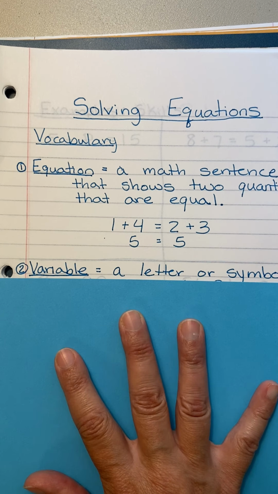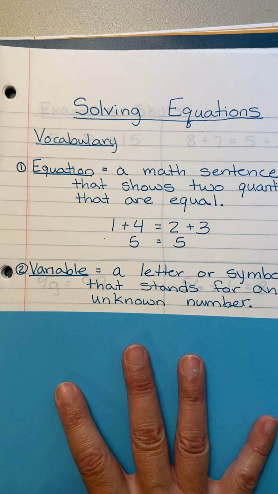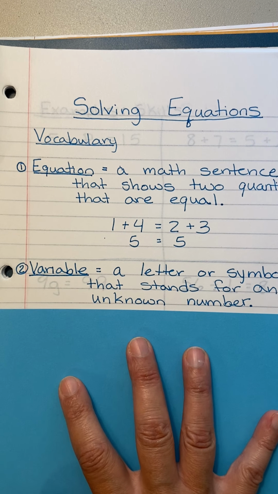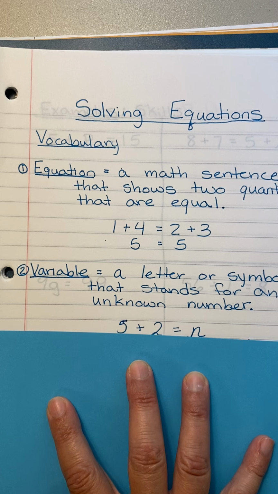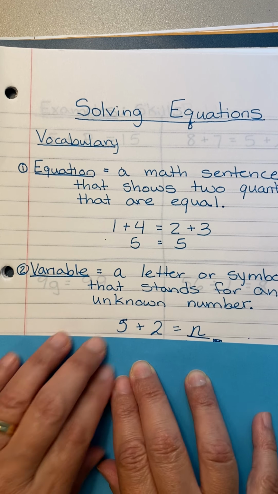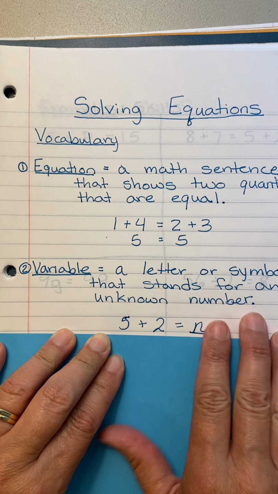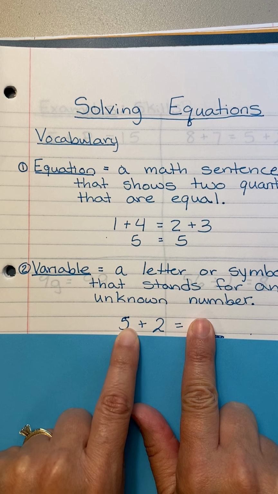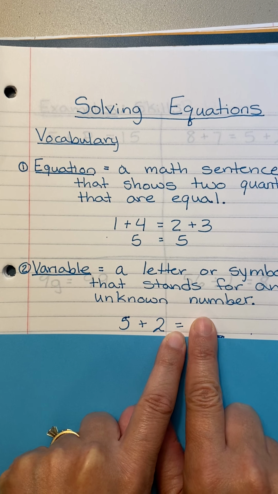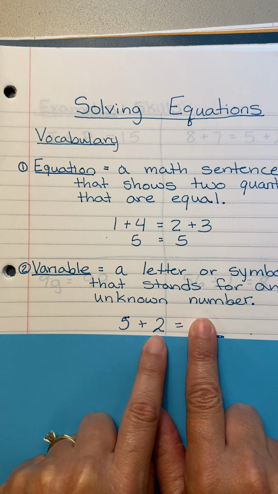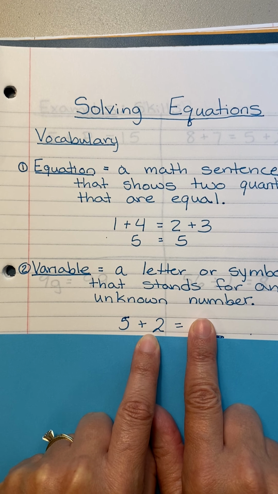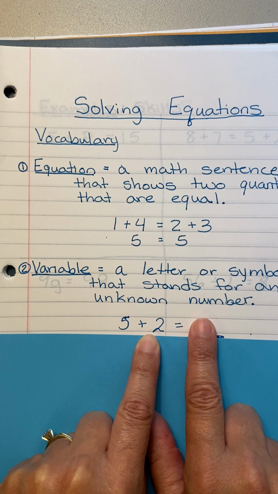A variable is a letter or a symbol that stands for an unknown number. So for example, we're used to seeing this equation here that would say 5 plus 2 equals something. That 5 plus 2 is an expression. So we have to have a quantity on the other side of the equal sign.